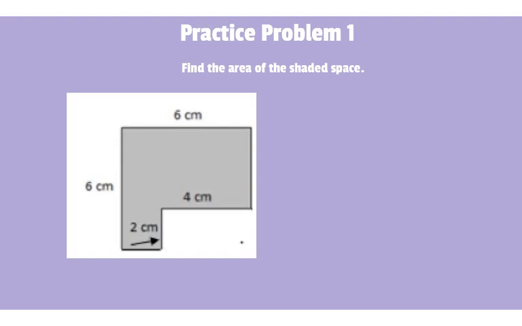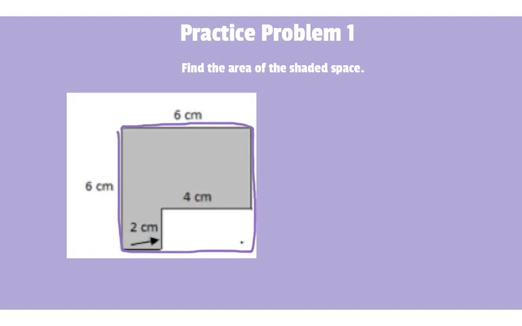So the outside rectangle here, well, doesn't look very clear to me, but what if I went like this? What if I treated this as the outside rectangle? Could I find the area of that space?